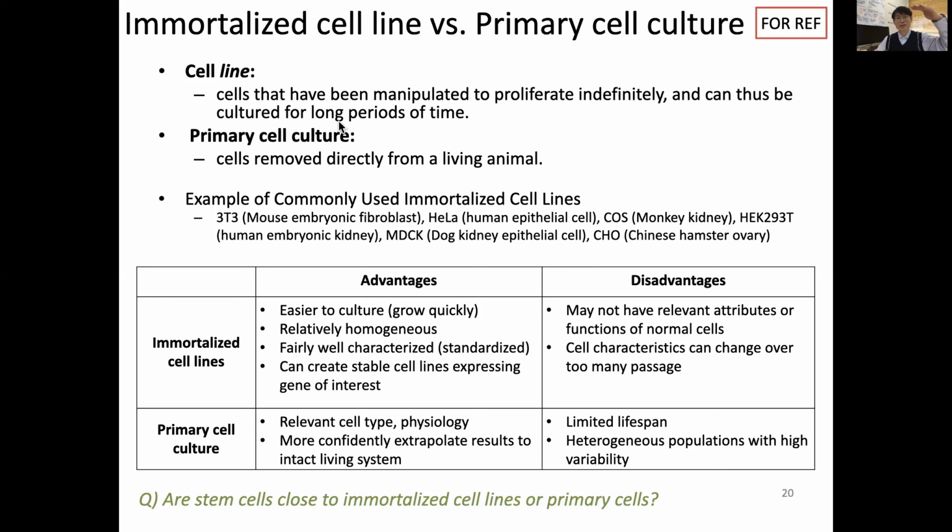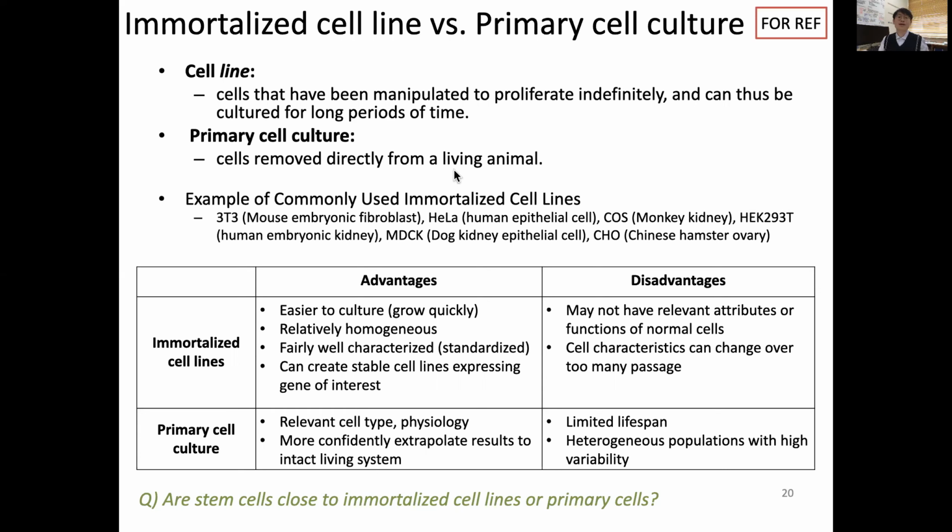From one generation to the next, which we call a passage, it can go through as many passages as possible, while primary cell culture coming directly from a living animal usually cannot proliferate indefinitely. You remember the telomere. When cells divide and divide, there's only a finite potential to divide. So that's the limitation of primary cell culture.